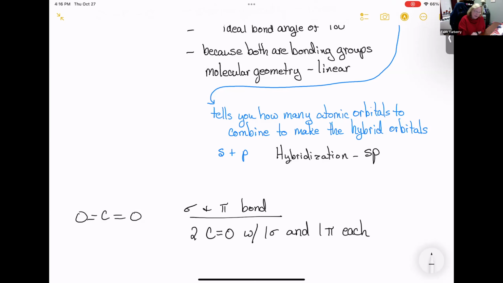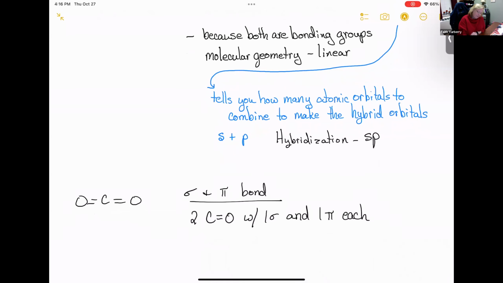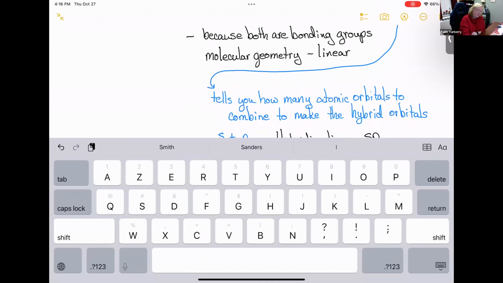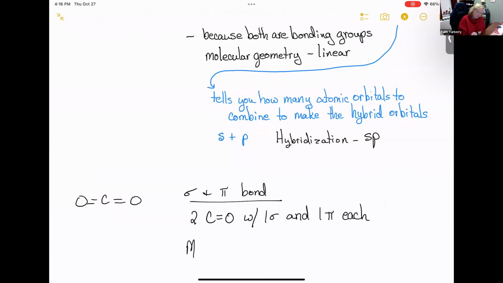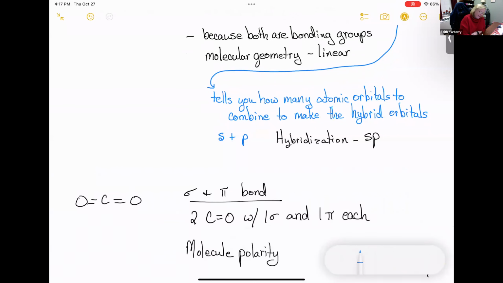The last thing we can talk about is our molecule polarity. If you come up with the electronegativities, you would find that oxygen is 3.5 and carbon is 2.5.